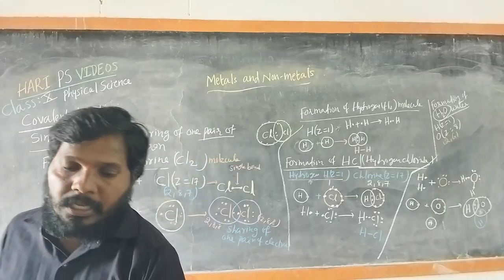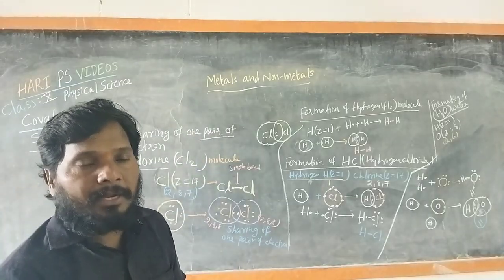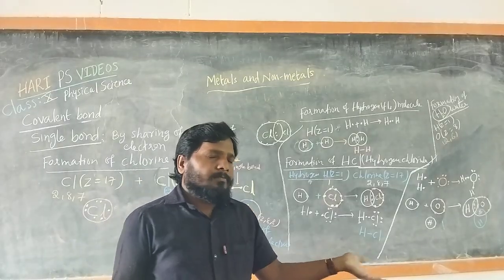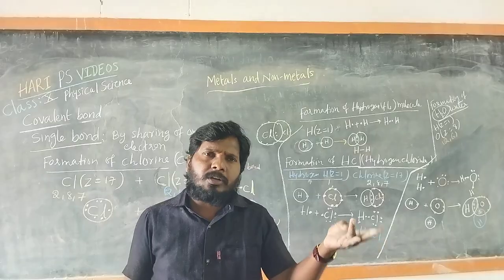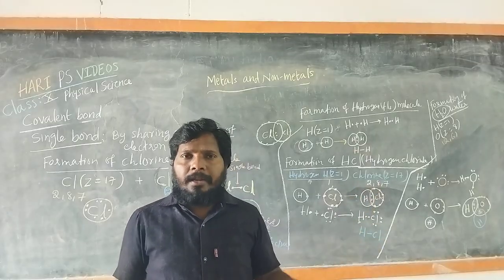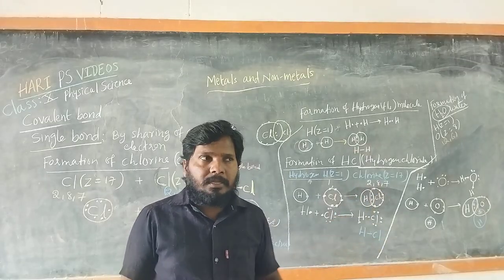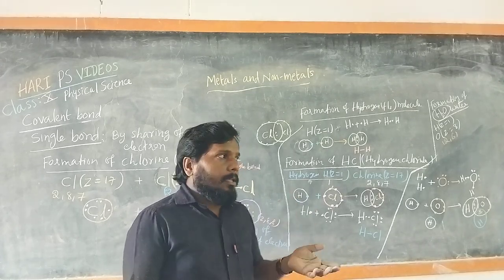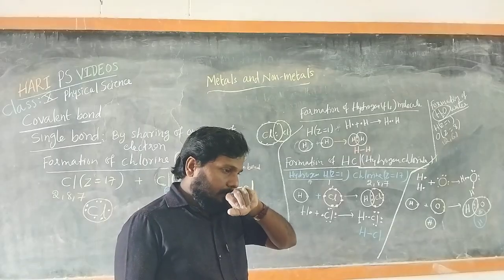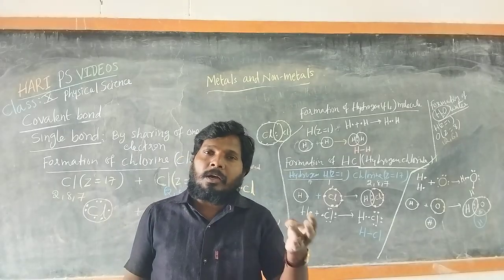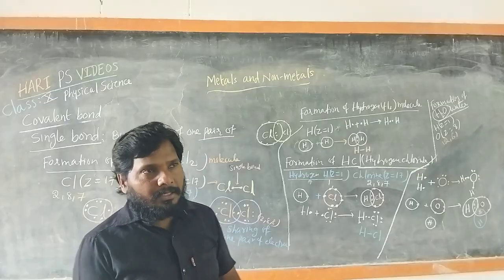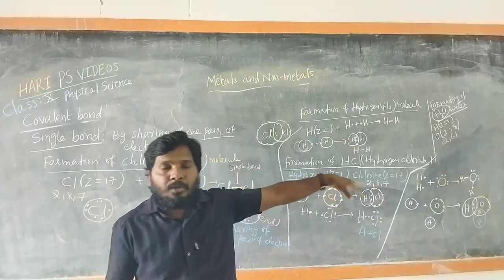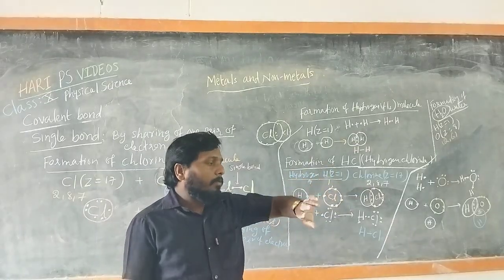These shapes of different molecules are explained by various theories. Here we cannot discuss them. They are VSEPR theory, valence shell electron pair repulsion theory, then VBT, valence bond theory, then MOT, molecular orbital theory.